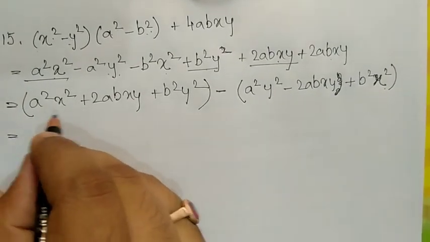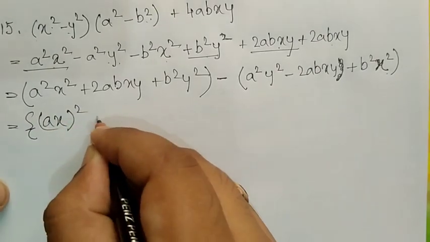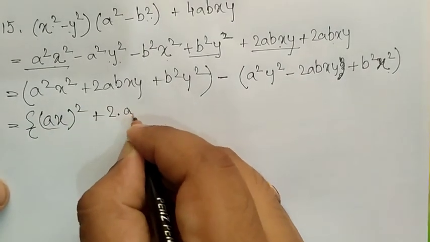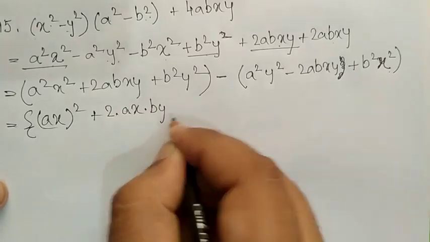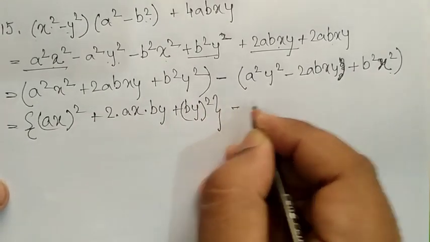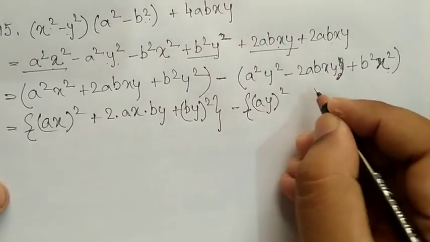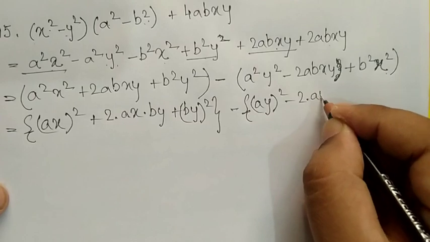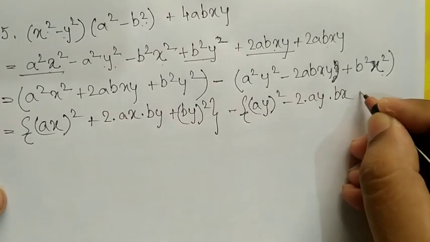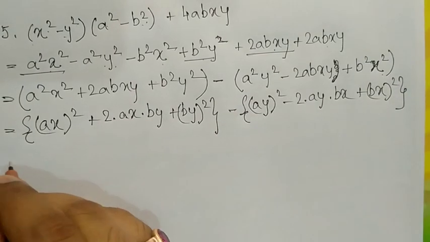So after that this one I can write as ax whole square plus 2 into ax into by plus by whole square. After that ay whole square minus 2 into ay into bx plus bx whole square.